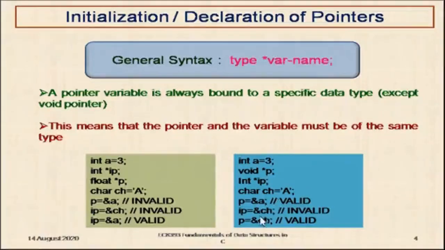That's why it is valid. And here ip = &ch. As in the previous example, this is valid. And p = &ch. p is the void pointer and this is a character variable. But void pointer is a general purpose pointer, so it is valid. So hope you got the point.